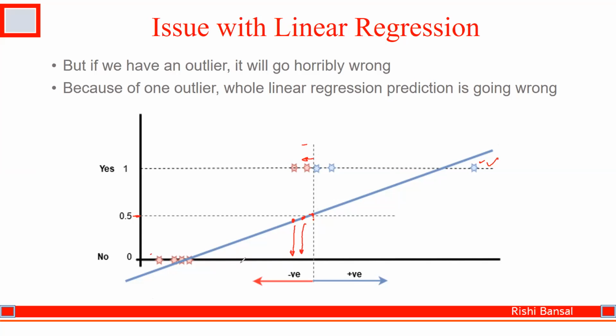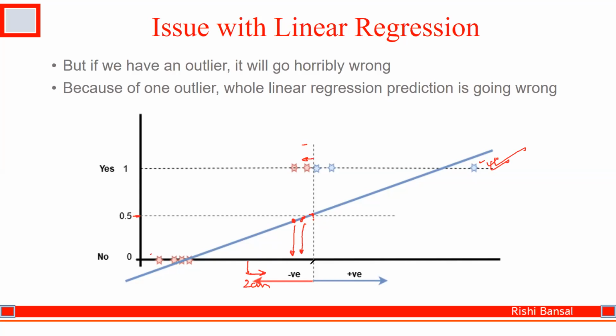Means even though the size is more than 2 centimeter from the previous case, because of this outlier, when this outlier was not there, these 2 points were considered as tumor, means they were diseased. But because of this outlier, they become less than 50% probability.